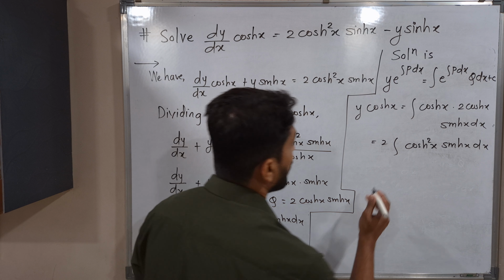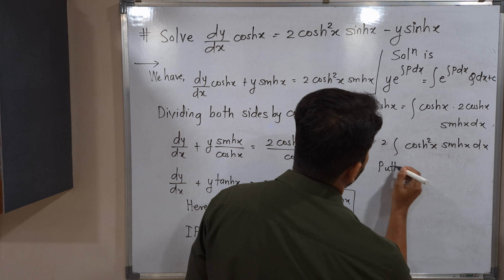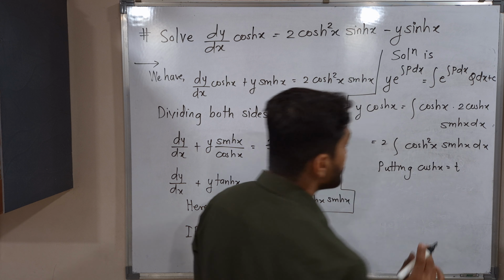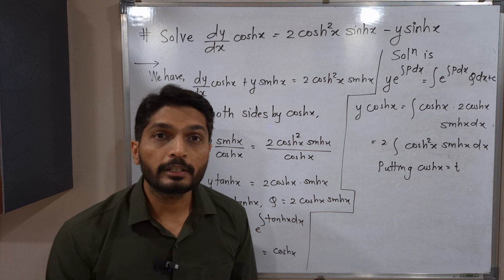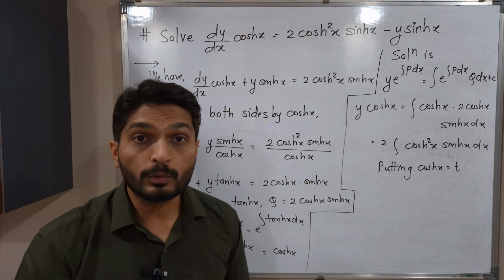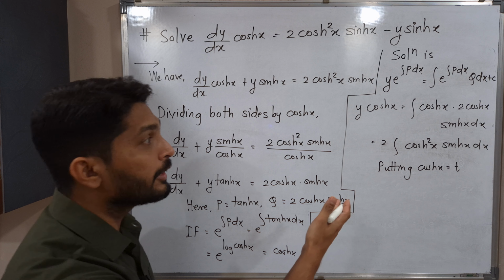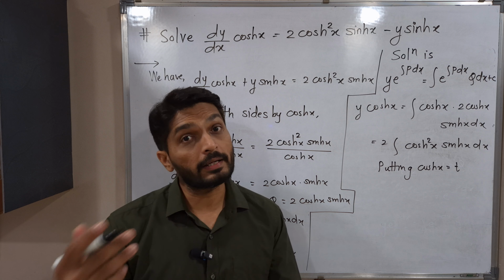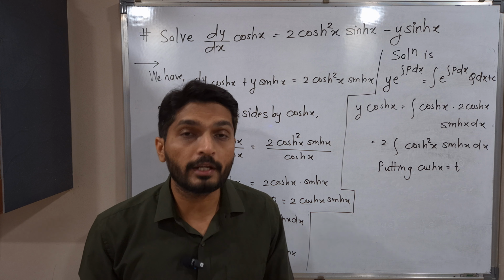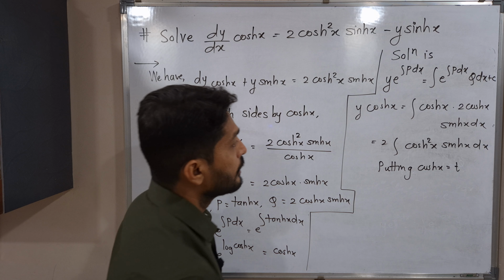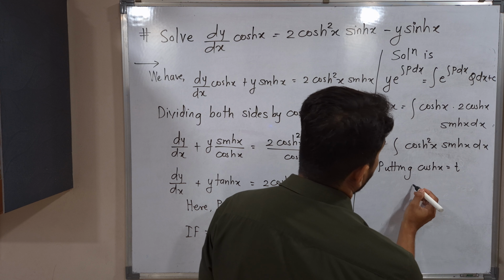So I am going to put hyperbolic cos x equal to t. So the integration gives us a hint on what I need to do, but you must know the formulas of derivative and integration, then only you will get that hint. If you don't know them, you will feel difficulty.